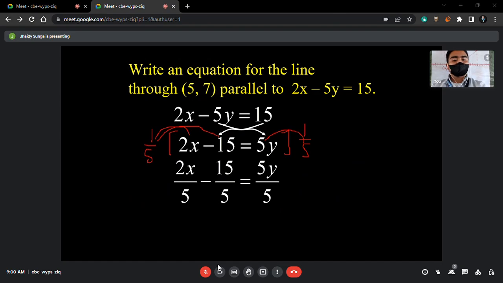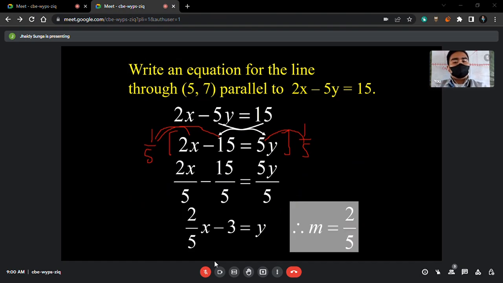When we simplify this, we have 2/5 x minus 3 is equal to y. So our slope is 2/5, okay po? Alright, so now we could say that our slope is 2/5.